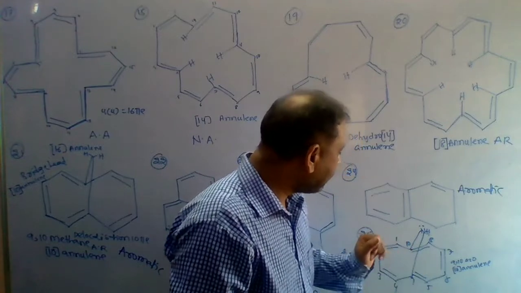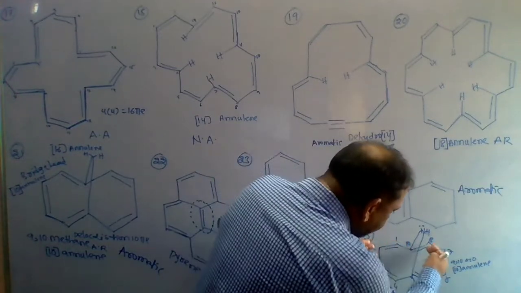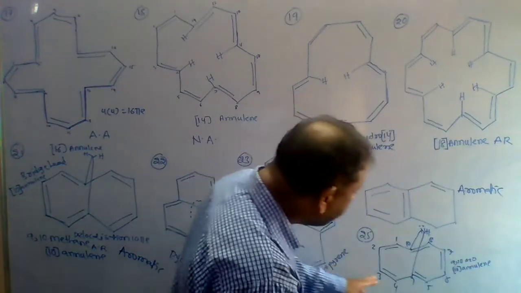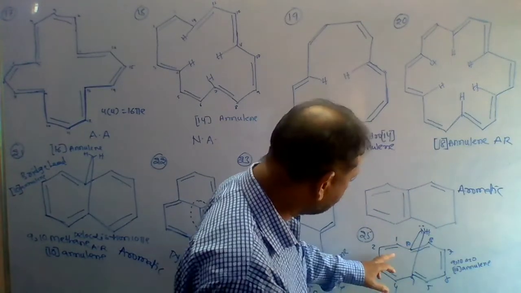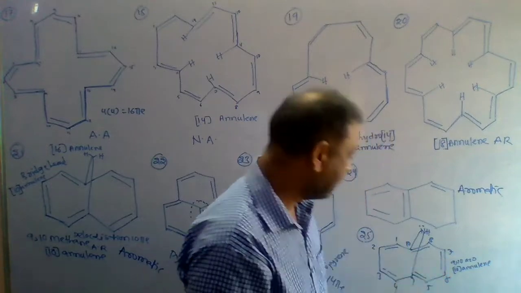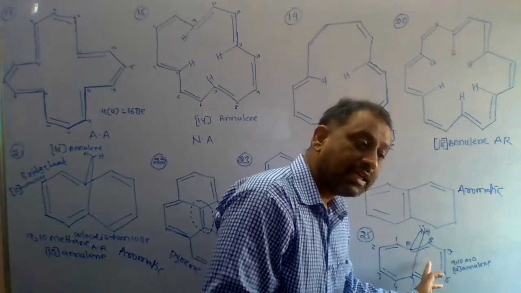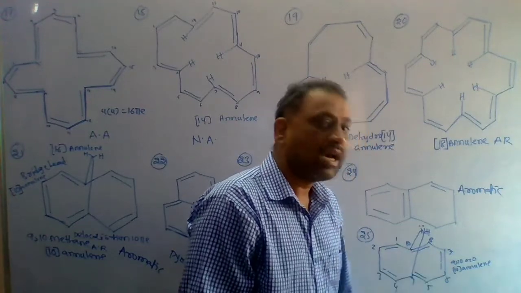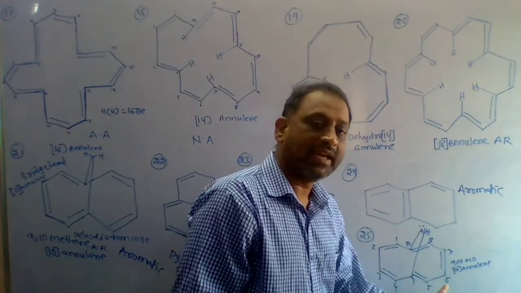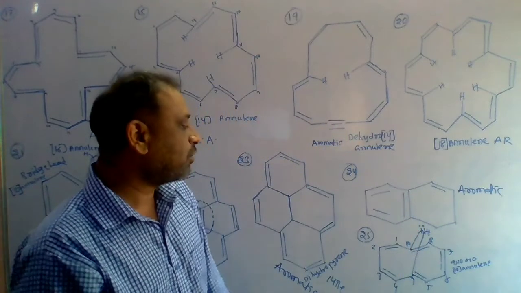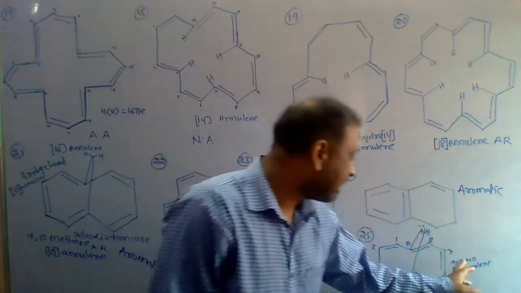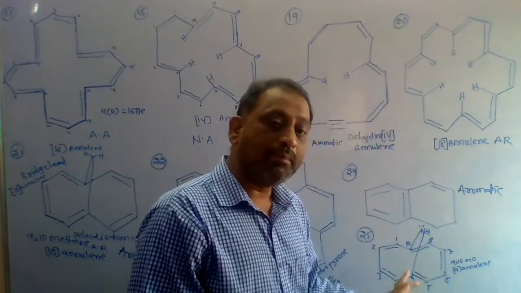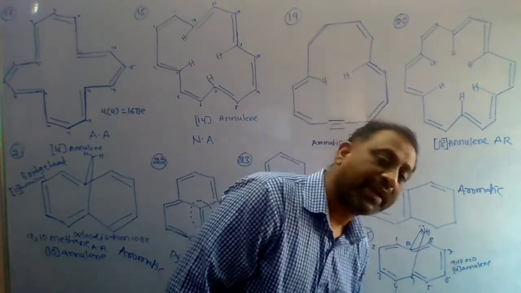Bridgehead 10 annulene. Here the remaining 10 carbon atoms are arranged in a planar shape. 10 pi electrons, 1, 2, 3, 4, 5. 10 pi electrons are involved in complete delocalization, which obeys Huckel's rule, 4n plus 2 pi electrons. So it is an aromatic compound. 9, 10 aza 10 annulene is an aromatic compound due to complete delocalization of 10 pi electrons.